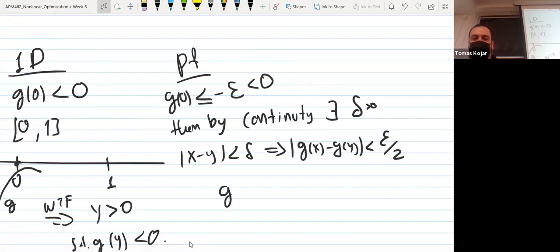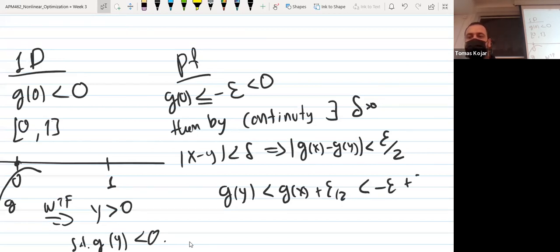So then we have g of y is less than g of x plus epsilon over 2, which is less than minus epsilon plus epsilon over 2, which is minus epsilon over 2, which is negative. Okay? Good memories? I love this stuff. It's cool.